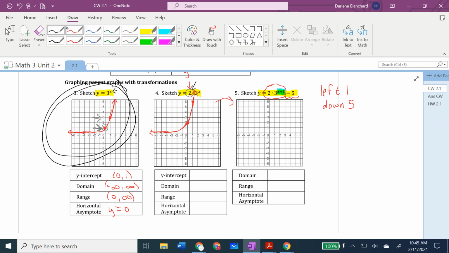So then I am now taking the graph after I've done the multiplication. I'm taking the points that I know, and I'm going to put them as really light dots over here. I'm going to take those known points, and I'm going to move them. Left 1 down 5. And then left 1 down 5.